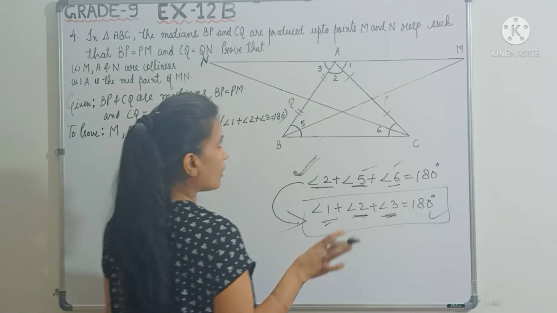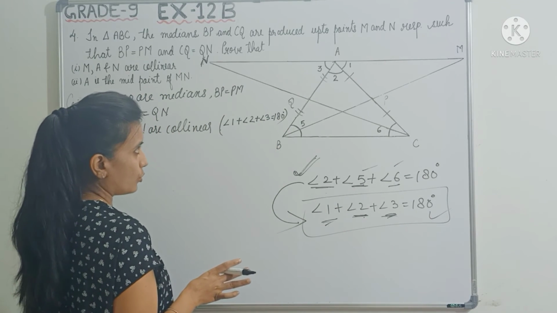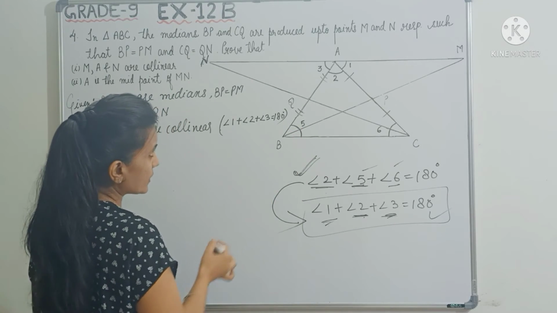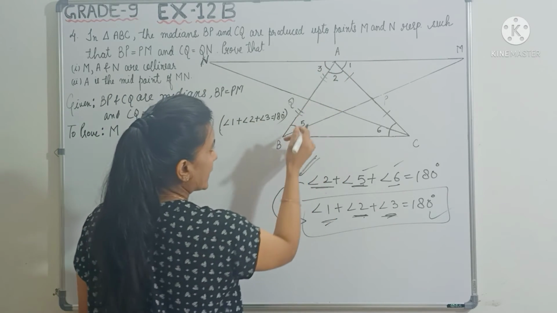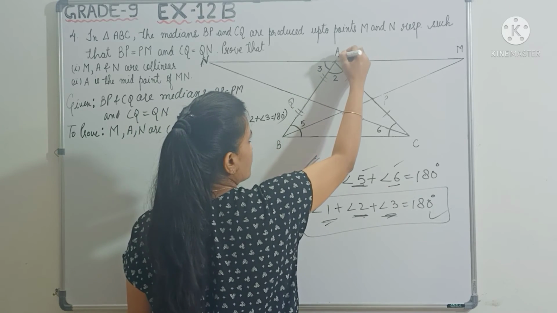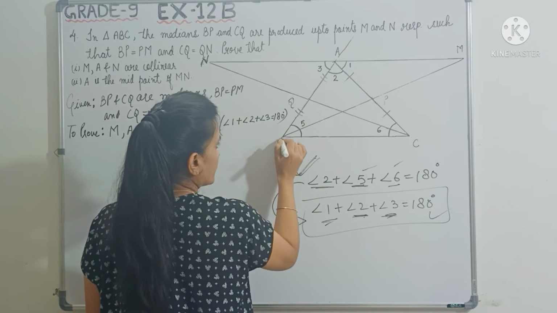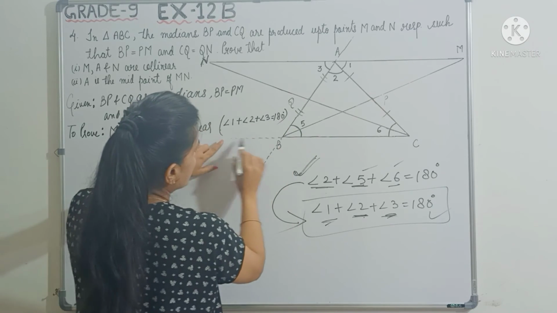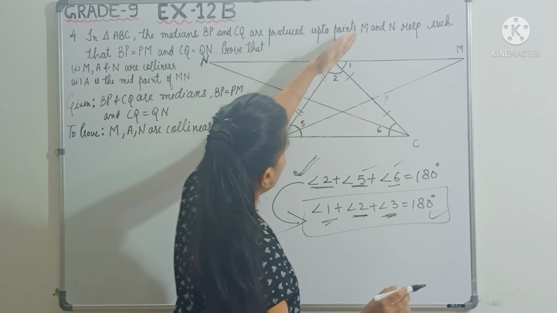So now my aim is to show that angle 3 is equal to angle 5. How to show that? If you are not getting how angle 3 and 5 are alternate angles, you can actually produce this line, this transversal, and this line and this line, you can see, right?